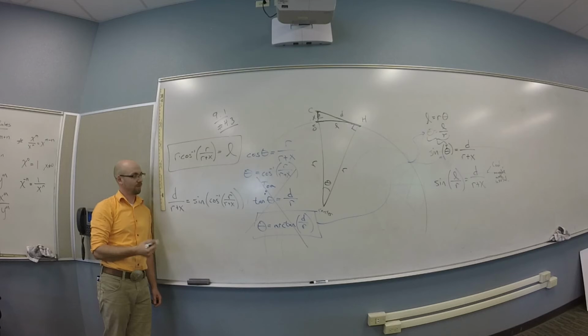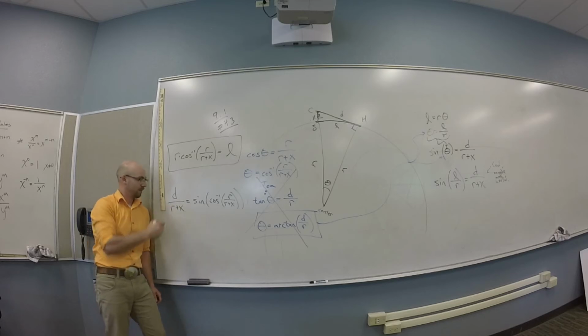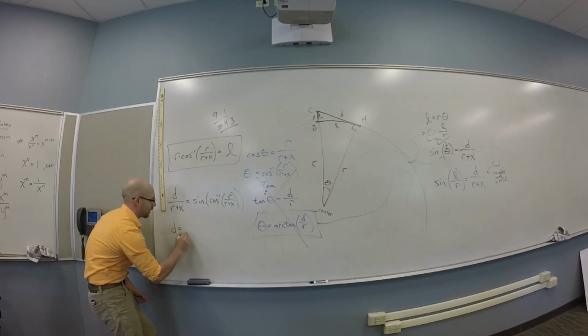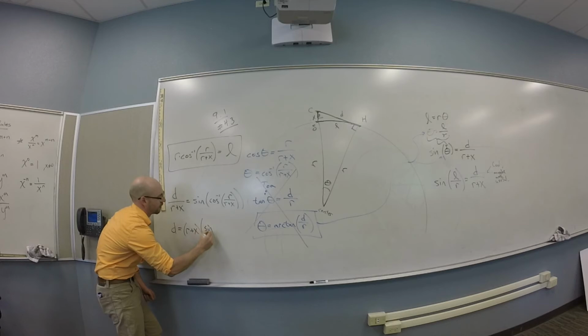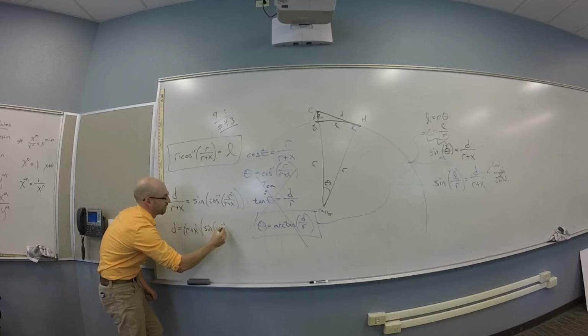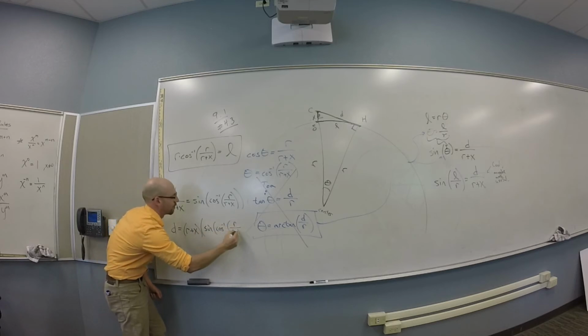So you can multiply, and you get D is R plus X times sine of cosine inverse of R over R plus X.